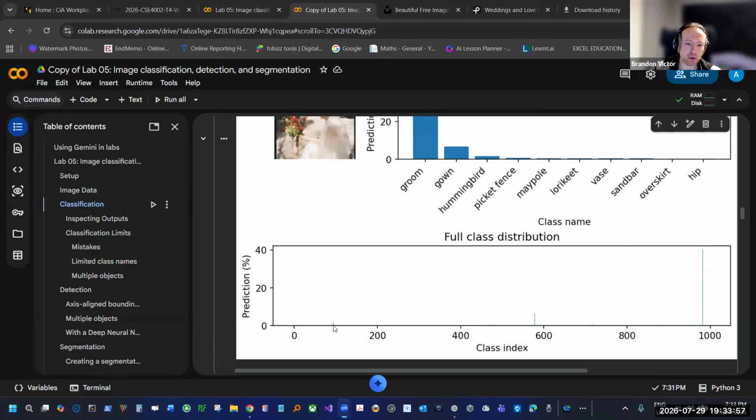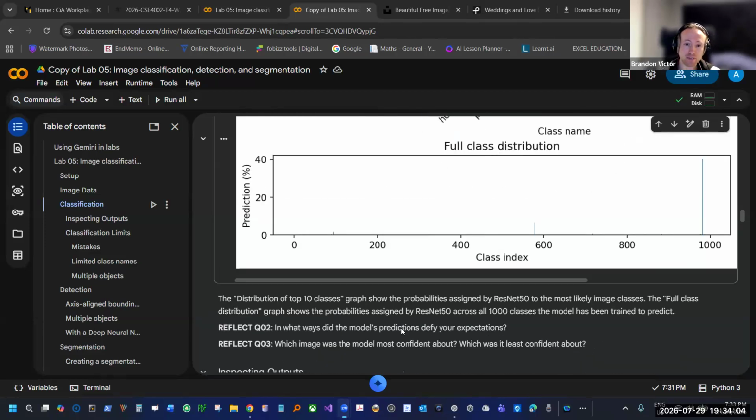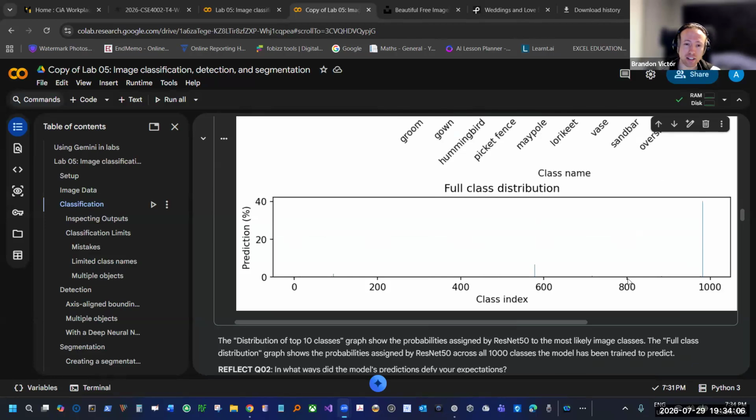In the bottom part, we can see that groom is class index maybe 970 something, and the gown class index is maybe 560, or closer to 580, I'm not sure.